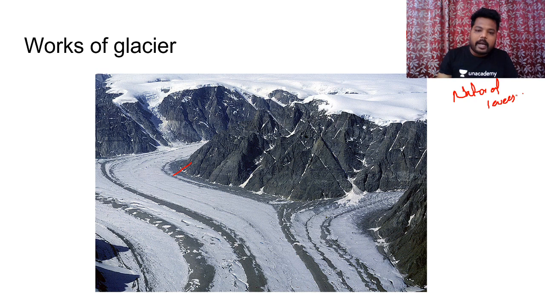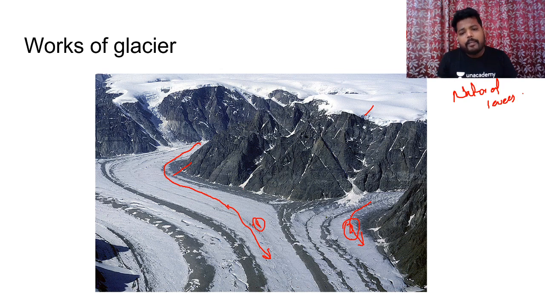In this same regard, whenever a glacier tends to come down the slope, let's assume this is glacier number 1 and this is glacier number 2, clear? When these glaciers come down the slope and lose their velocity, they might have eroded different mountain systems and collected sediments.